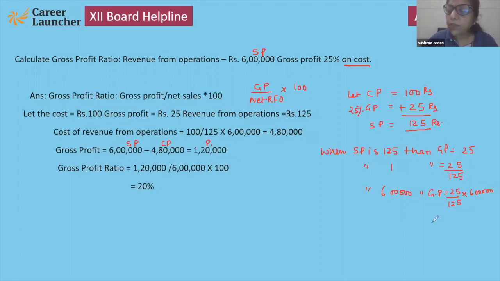So your answer will be 1,20,000 rupees. So the profit is 1,20,000. Now see the formula, simple. GP 1,20,000, RFO is 6 lakh into 100. Your answer will be 20%.